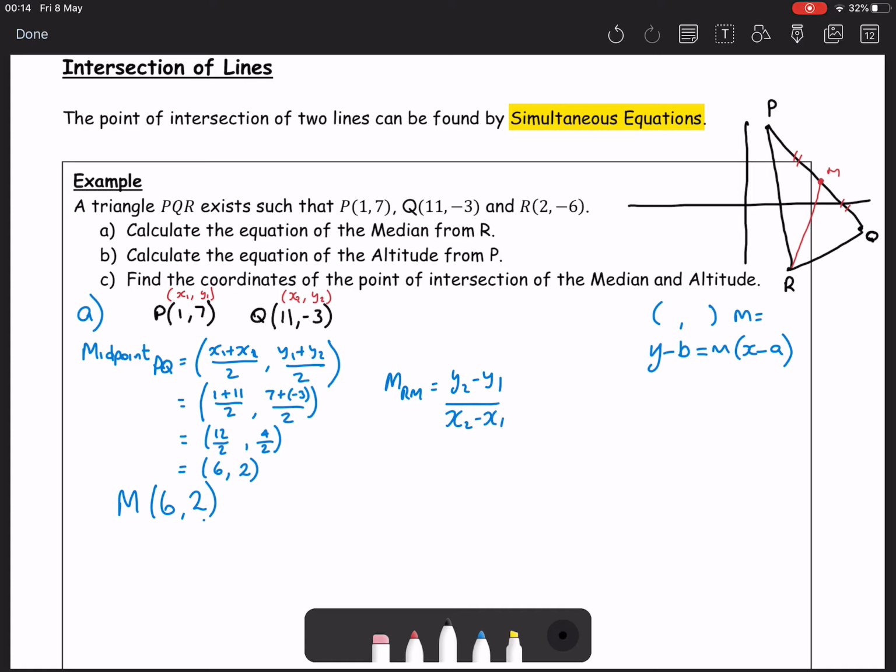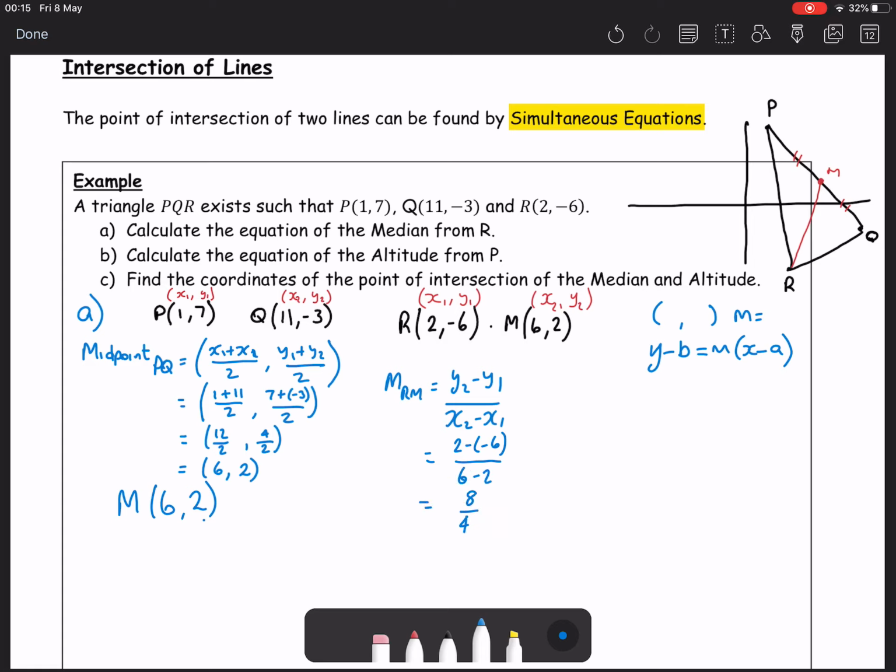Once again, just to lessen the chance of mistakes being made, R is the point (2, -6), M I've just found to be (6, 2). x and y of my first, and x and y of my second. 2 minus minus 6, 6 minus 2. 8 over 4 is 2.